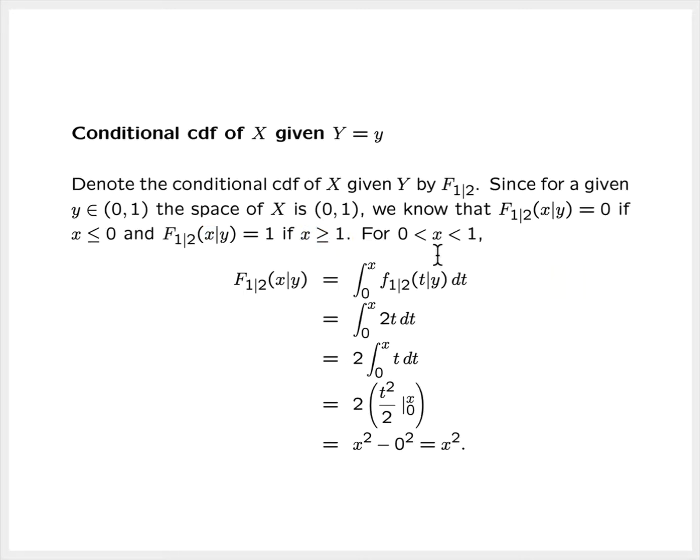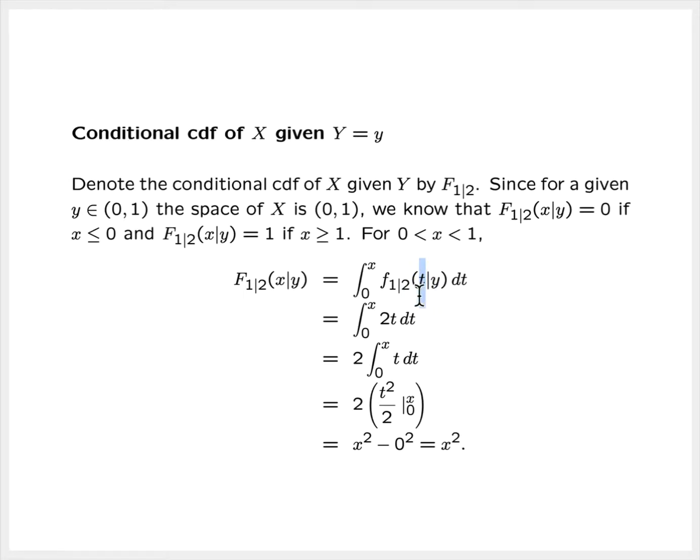For values of x that are greater than 0 but less than 1, we've got to do a little bit of work here. To obtain the conditional CDF of x given y, all we have to do is integrate the conditional PDF from 0 up to x. We know that over this interval, the conditional PDF evaluates to 2 times the argument.